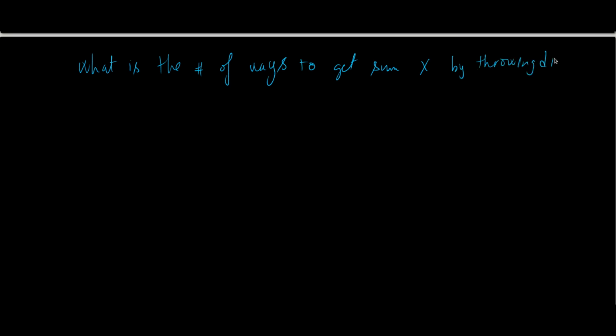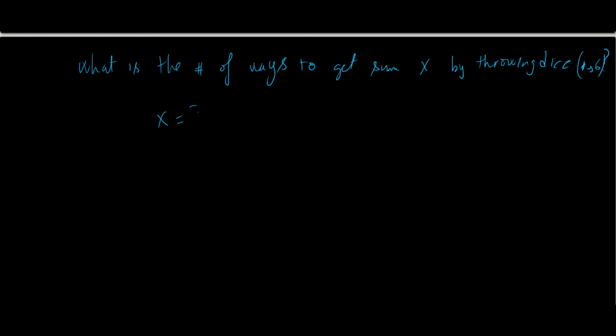So let's consider this question. What is the number of ways to get some sum x by throwing dice having faces from 1 to 6?